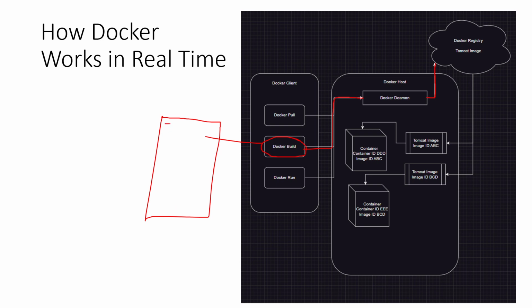In that file, you need to say from what image you want, CentOS 8, CentOS 9, or Ubuntu operating system. First, you can run Docker search with what operating system you want, what flavor of operating system you need. Then it will give you all the options of the name of the image. You get that name of the image and you put it over here.